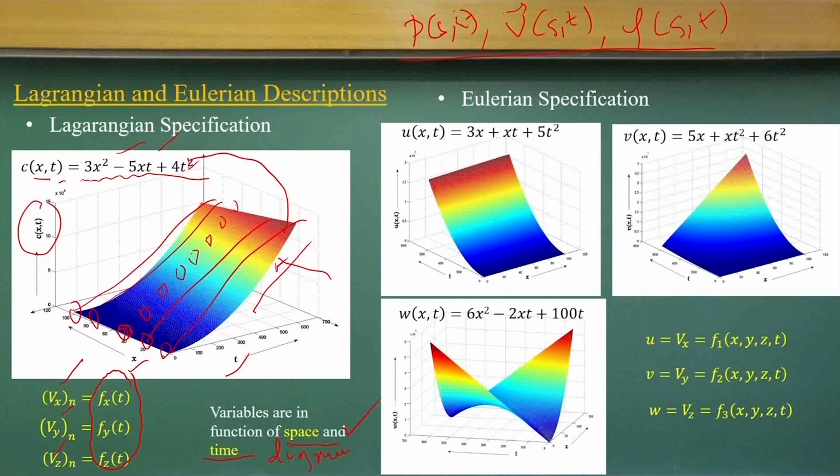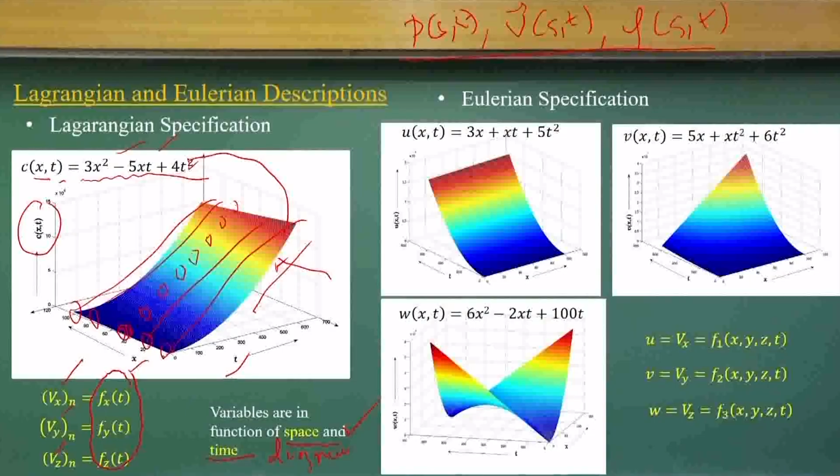So, that way we can define the Lagrangian specifications using the space and time diagrams with the velocity components and the pressure components as functions of time. So, we are talking about the virtual fluid ball concepts in space and time diagrams. How do they vary?